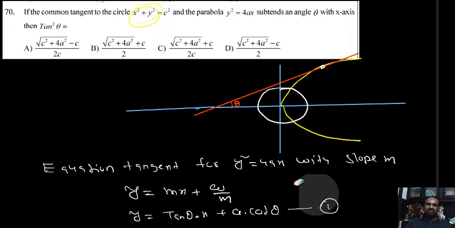Students, listen. A line is said to be tangent to the circle if the distance from its center to the line is equal to the radius of the circle. So if this red color line is a tangent, then the distance from center 0, 0 to that tangent should be equal to its radius, that is c.